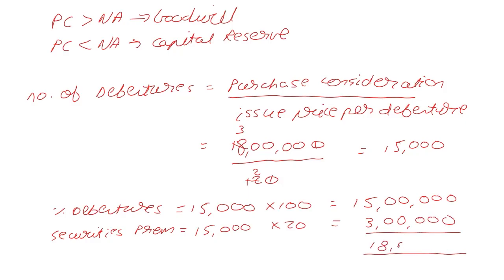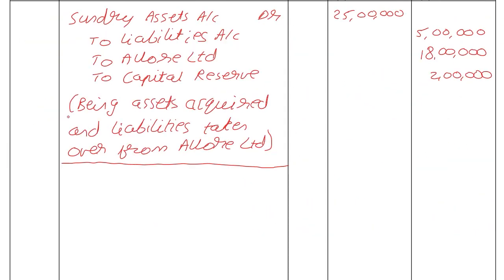So what I've done over here is basically found out the breakup. Once I have this, it's easy for me to settle Allore Limited. We are giving that company debentures, so debit the receiver: Allore Limited account, of course. Be very careful.